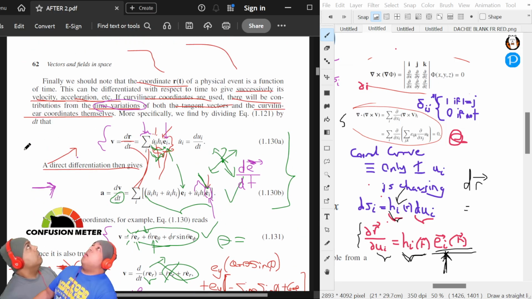Okay, well, let me try and draw it in my head. So this is the radius of a circle, and when we say over time, it goes from here to here. How do the vectors look? So r remains constant.